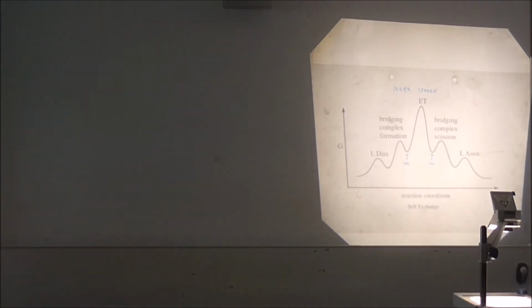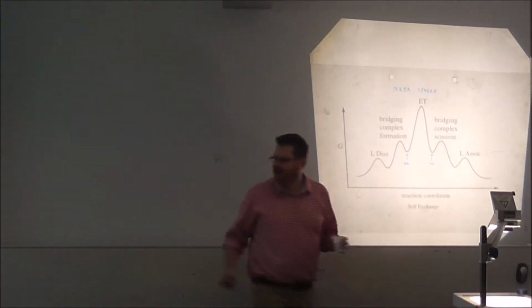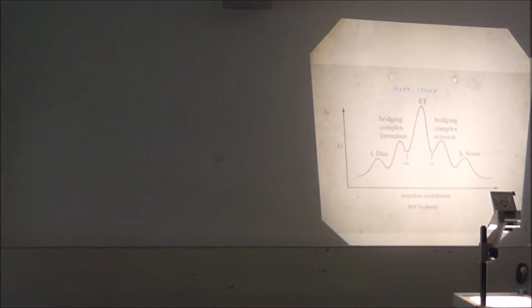this is the energy profile of an inner sphere electron transfer reaction. Notice what's happening. Can you see this? Yes. All right. The first step is the ligand association. The second step, and we go through an intermediate, we form this bridging complex. The next step is that the electron transfer takes place.